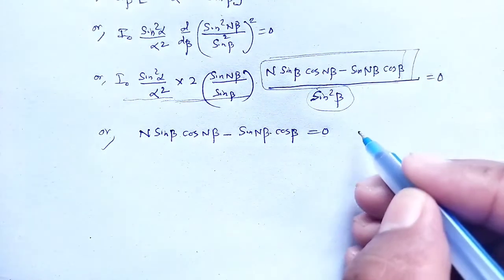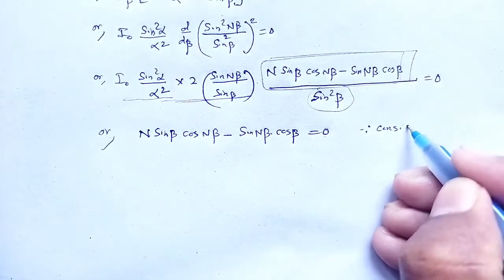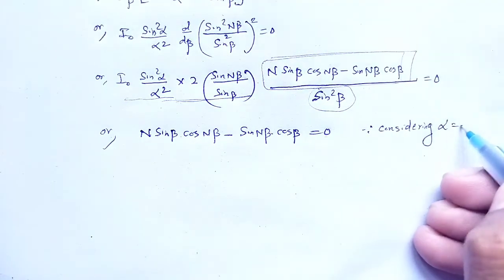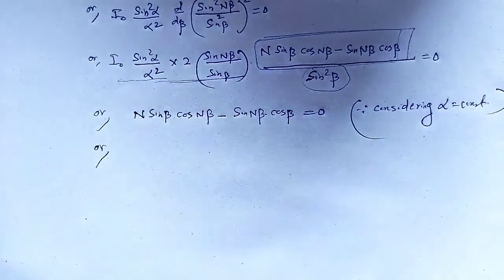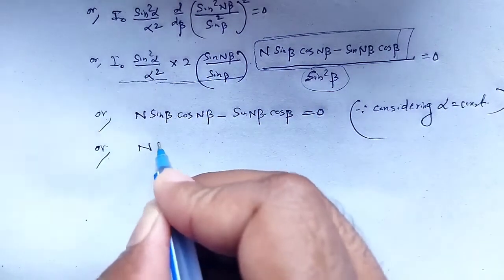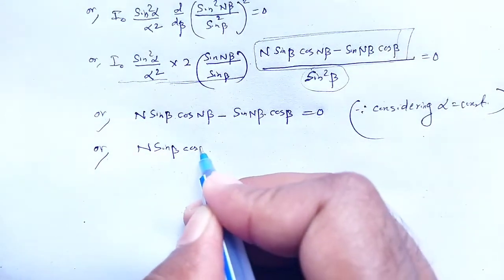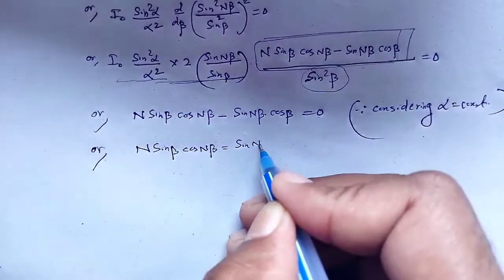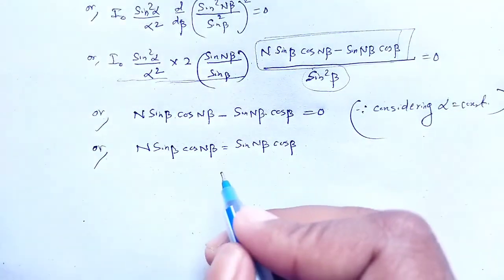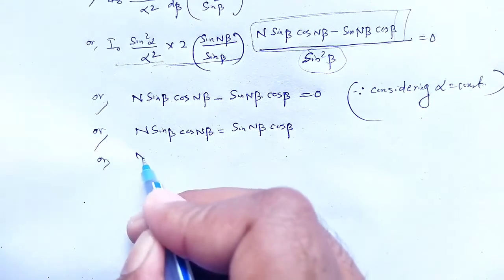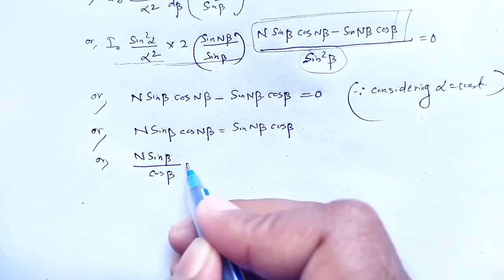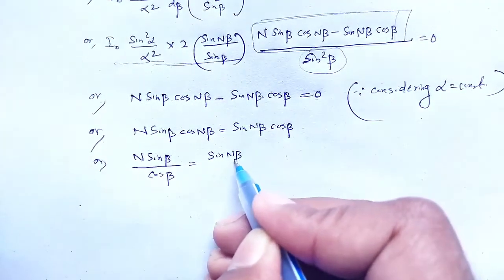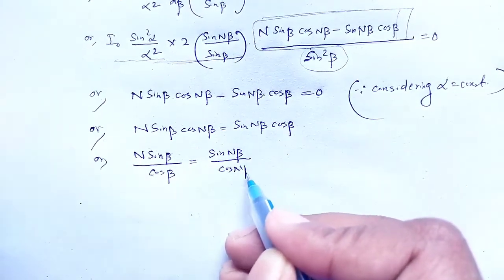Here we take alpha as constant. Taking the negative term to the other side, n sin beta cos n beta is equal to sin n beta cos beta, or n sin beta divided by cos beta is equal to sin n beta divided by cos n beta.